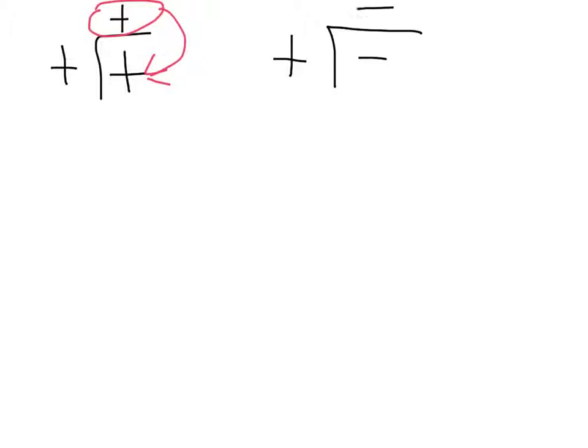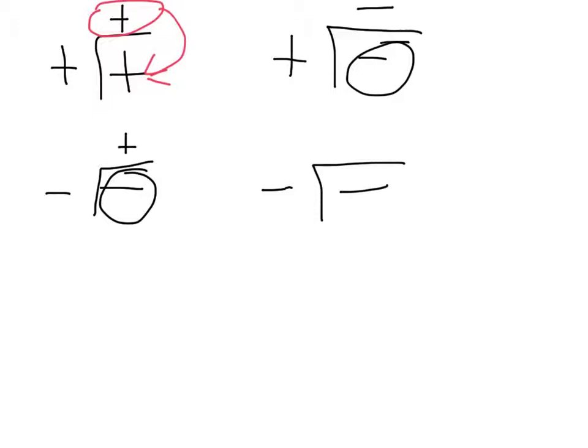A positive times a negative makes a negative. If for some reason you have a negative divided by a negative, this would be a positive because opposite signs will always equal the negative. And the last situation we could have is a negative and a positive here and another negative up there, because we have a negative times a negative being a positive.